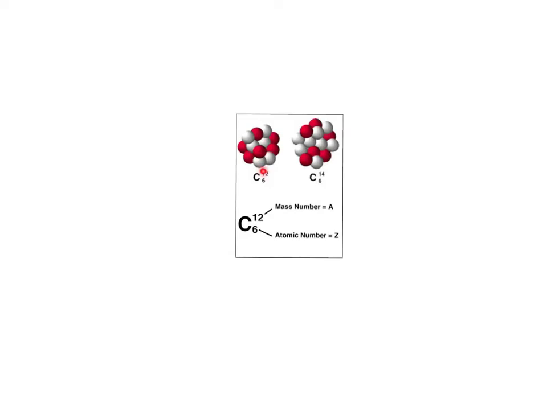The 12 represents the total number of particles in this atom. So if we look, we got 1, 2, 3, 4, 5, 6, 7, 8, 9, 10, 11, 12 particles in the nucleus. But only 6 of them are protons. So 12 minus 6 equals 6. That means there's also 6 neutrons.